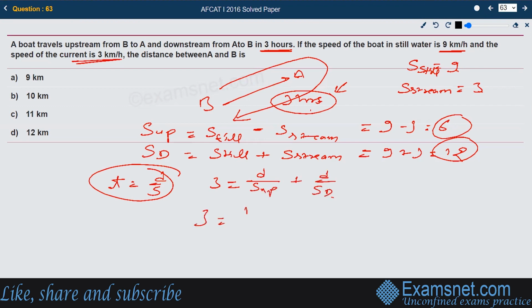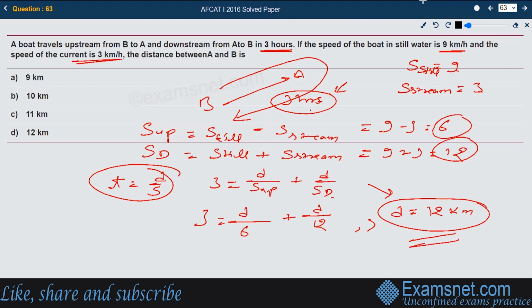So 3 is equal to d over 6, since the upstream speed is 6, plus d over 12, since the downstream speed is 12. If we solve this equation for d, the value of d comes out to be 12 kilometers. So that is going to be the right answer. That is, d is equal to 12 kilometers.